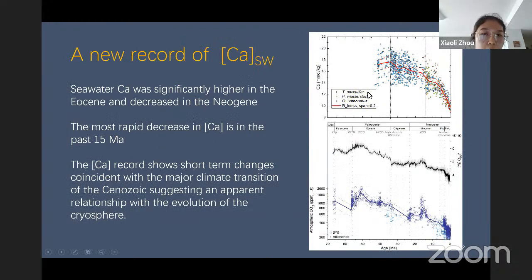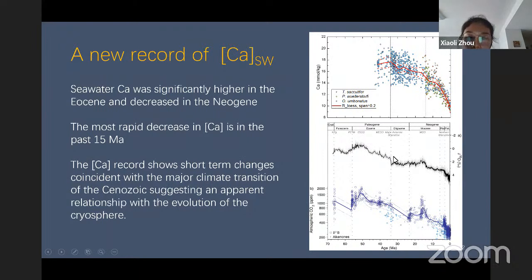And here, by using those equations, we reconstructed the calcium concentration in seawater over the last 43 million years, which is shown here on the upper right. Overall, the calcium concentration has been decreasing from 43 million years ago toward present. And most of the change happens in the last 15 million years.